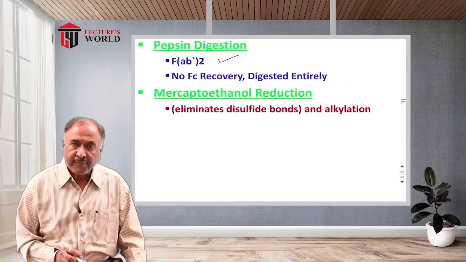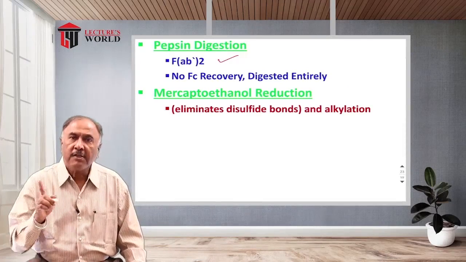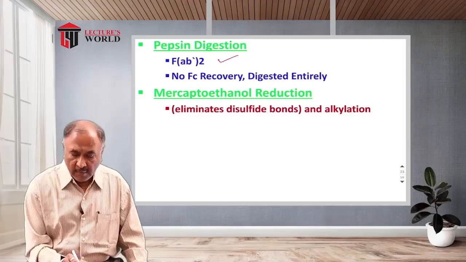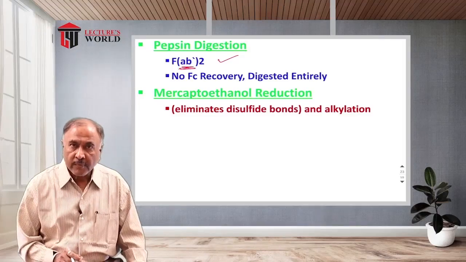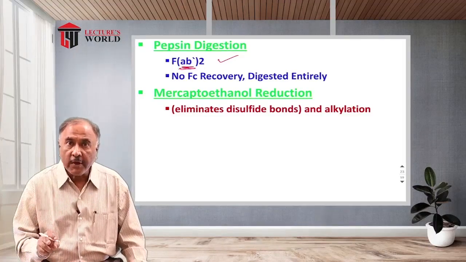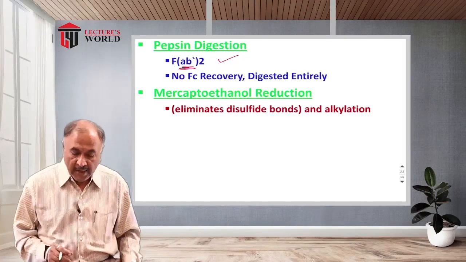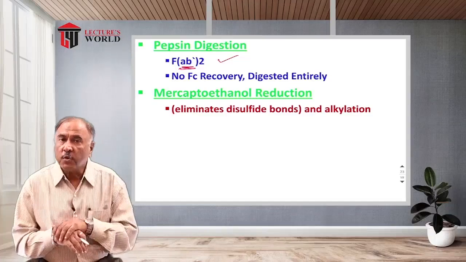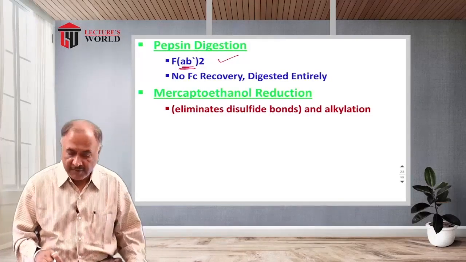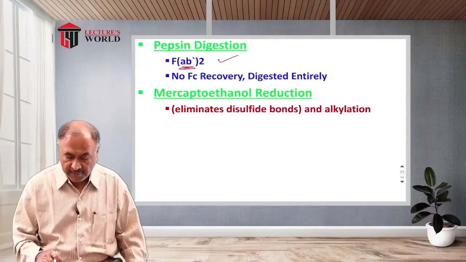One was FAB2, fragment antibody. How many? Two fragments. And there was no fragment FC recovered. It was totally digested.